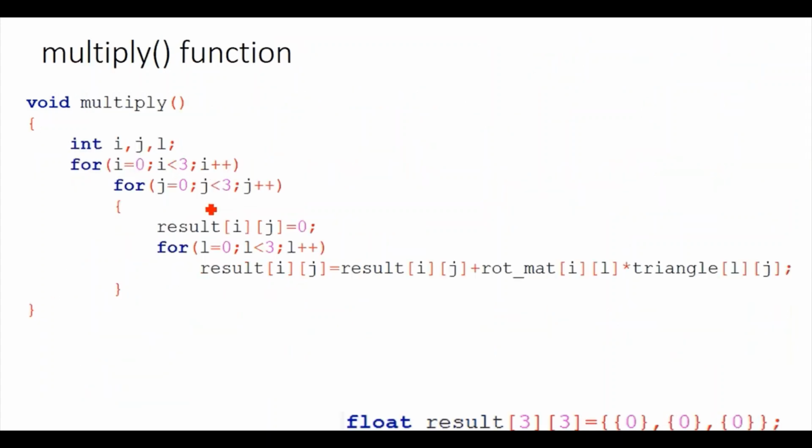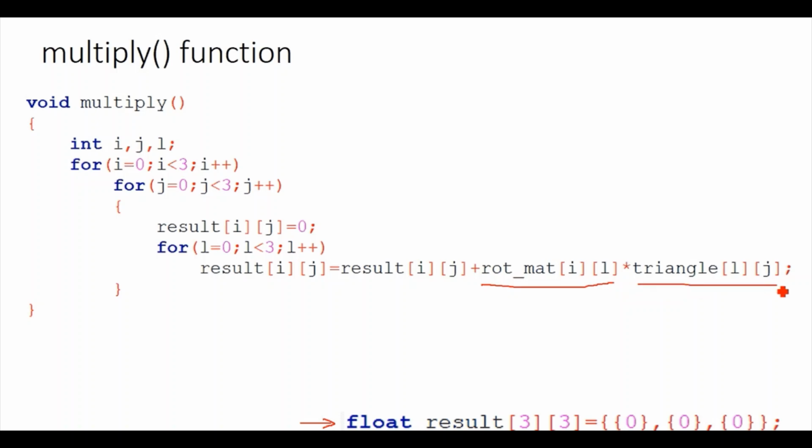So this is the logic of multiplying two two-dimensional matrices. We have taken a matrix called result. We have initialized it to 0 0 0, and into result I'm multiplying the rotation matrix with my triangle matrix.